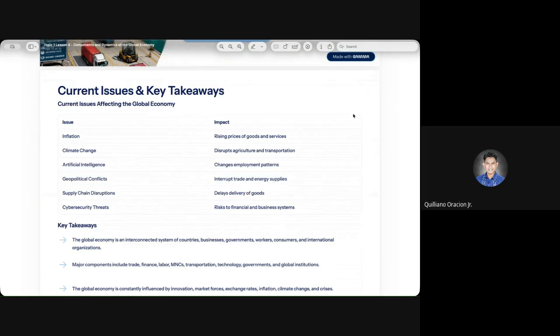Before I end this class, I want to leave you with this thought. Many people think seafarers only transport cargo, but after today's lesson, you now know the truth. You transport the products that keep hospitals running. You transport food that feeds millions of people. You transport fuel that powers industries.